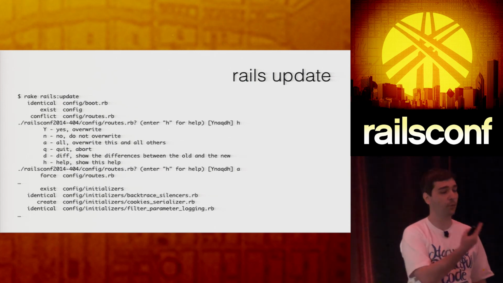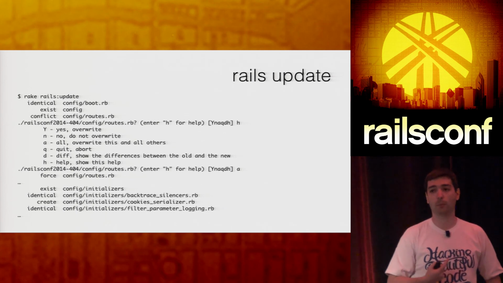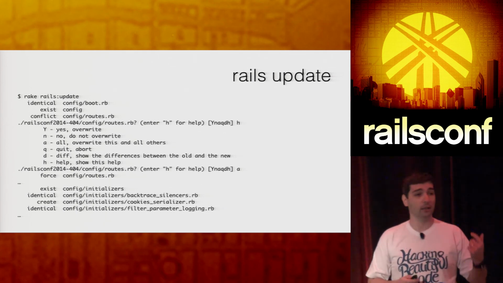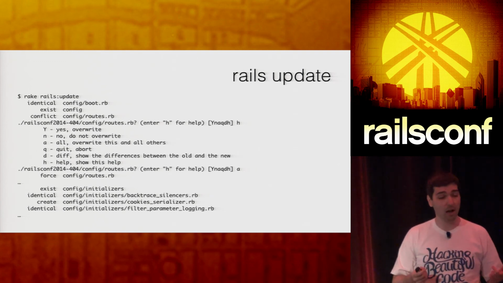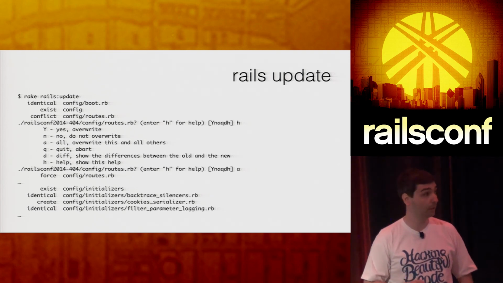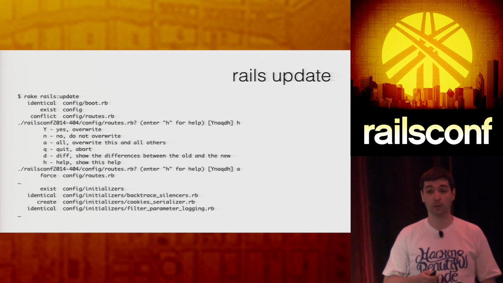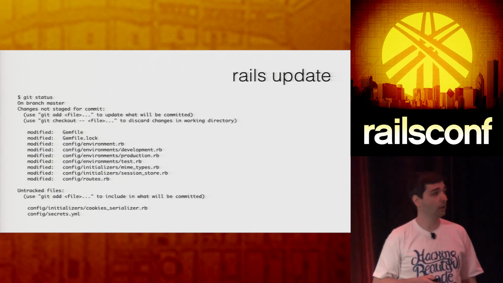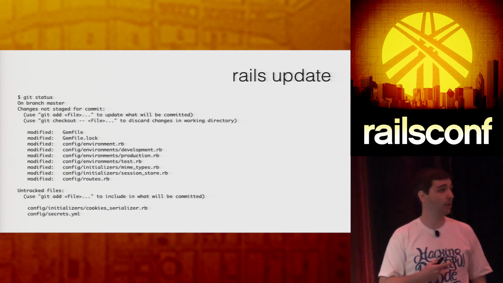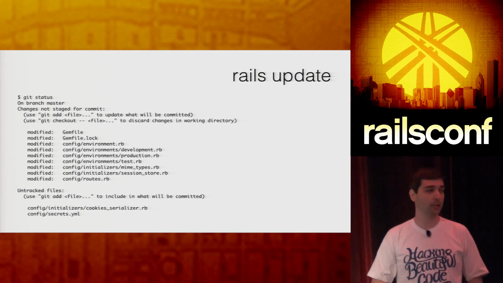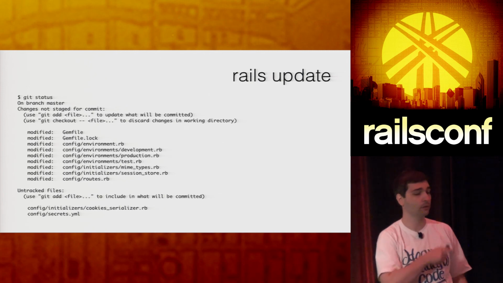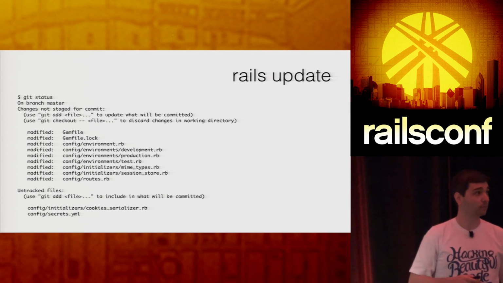And it's going to also create new files that Rails has added into this new version. So it's a big help when you are upgrading Rails, right? You should definitely use that, right? And here's the git status after upgrading this application. So it modified some files, added another two files like the secrets one.